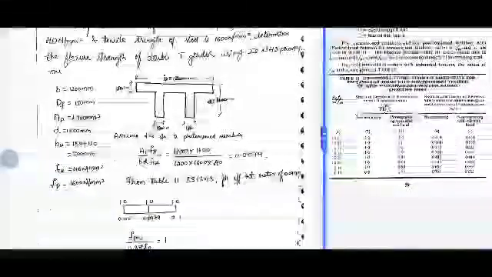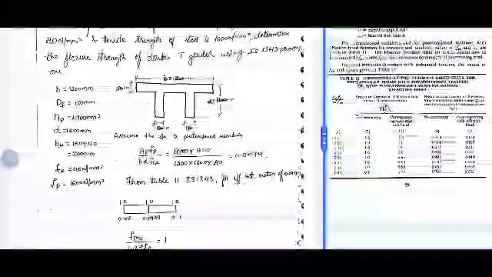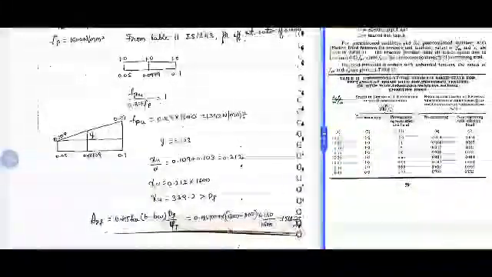For 0.0979, it lies between 0.05 and 0.1. So for pre-tension, for both values it is 1. So FPU by 0.87 FP value will be 1 only. On simplifying we will get FPU as 1392 Newton per mm square.